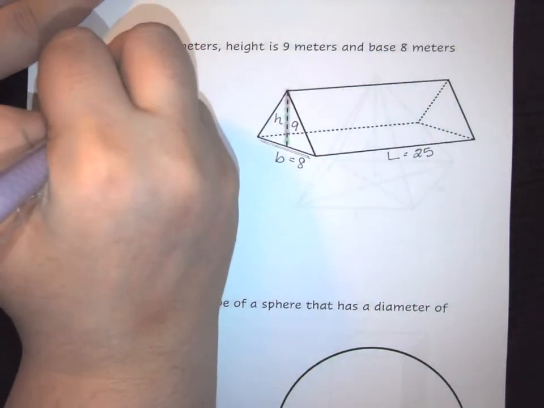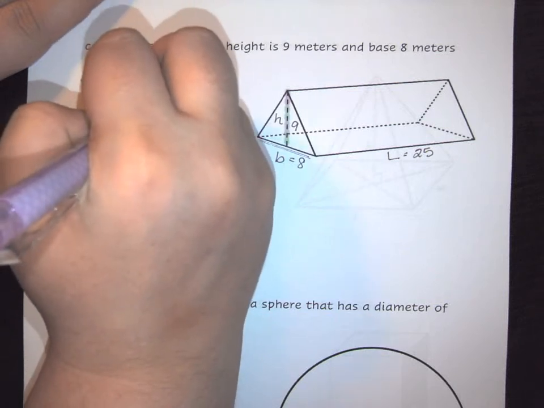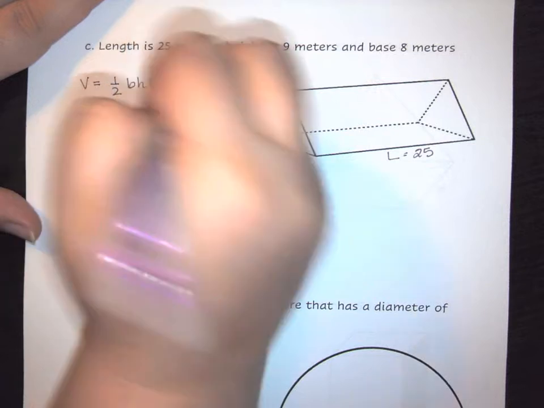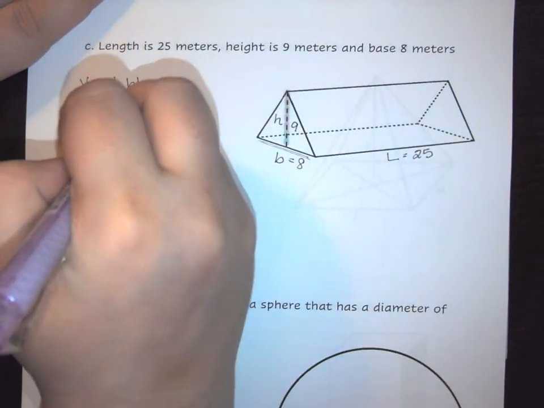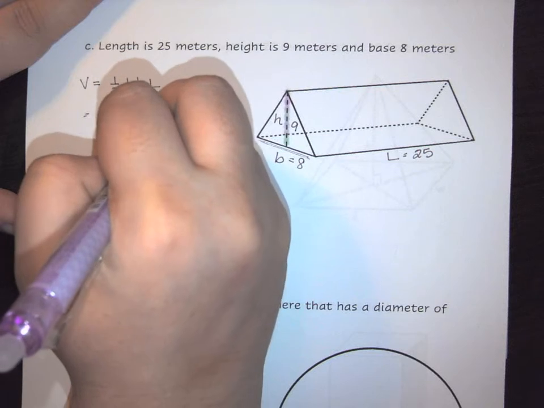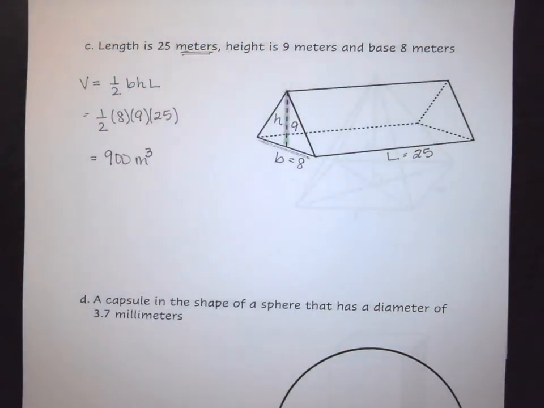So in this case, we have 1/2 times your base of 8 times your height of 9 times your length of 25. This is going to give you a total volume of 900, and then it is meters cubed. Okay, meters are your designation.